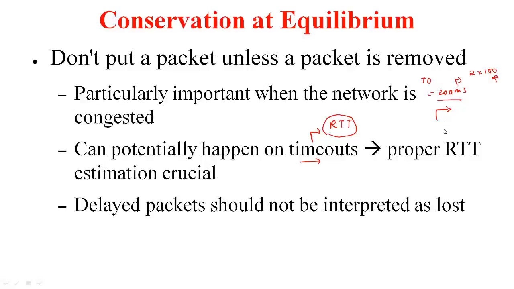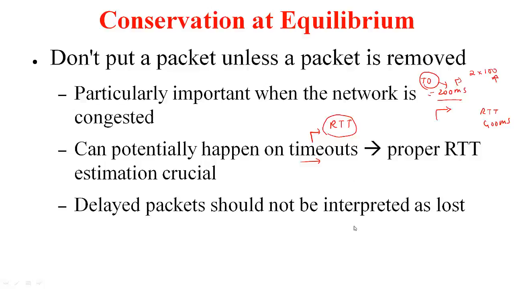But when a network is congested, the round trip times are going to increase significantly because there is a lot of queuing. So the packet is still in the network, maybe it is stuck at some router, in which case the round trip time may be 400 milliseconds. But your timeout value is wrong. So the packet is still in the network, and now you have put an additional packet, which is the retransmission of the packet, into the network.